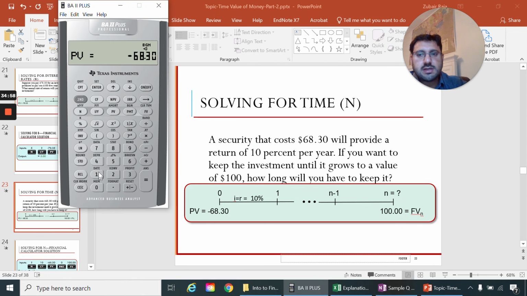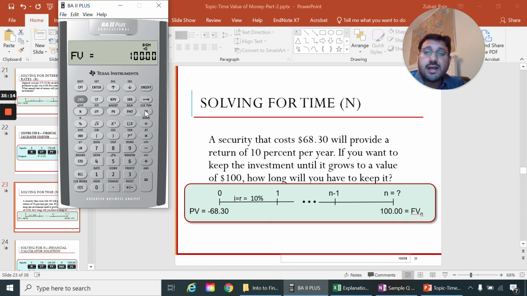What is the interest? 10% interest. Your bank might be giving you a guaranteed 10% interest, right? What is the payment over here? There is a zero payment over here. So what you will get, you want to get $100 future value.